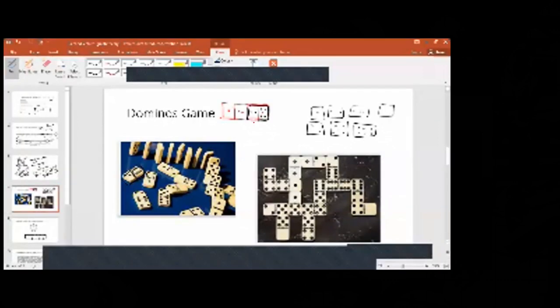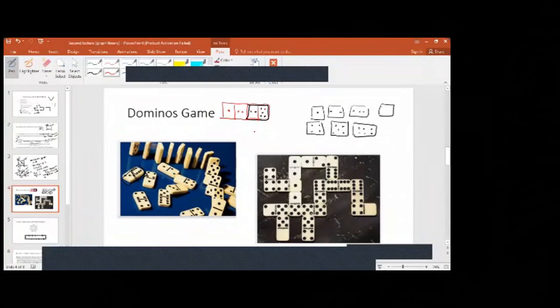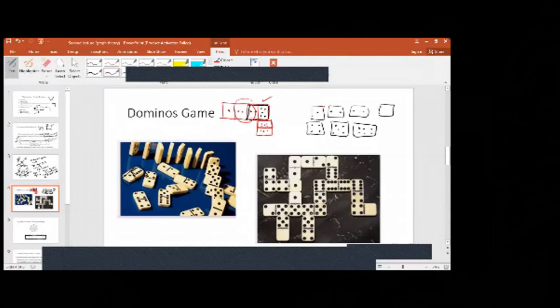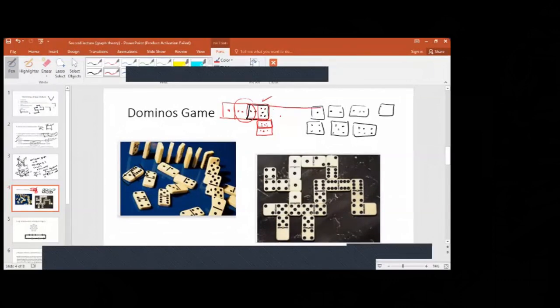If he has 5 dots on his tile, then he will attach the same. Similarly, we can get a chain of tiles, and this game we can play.